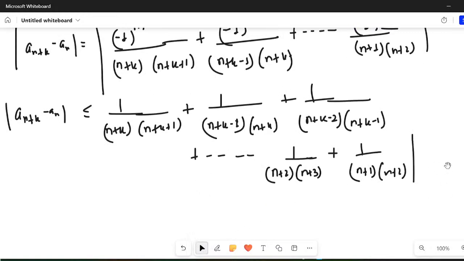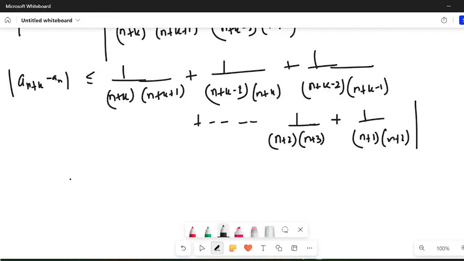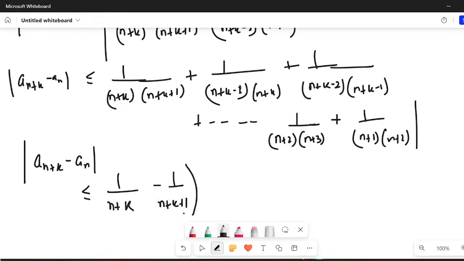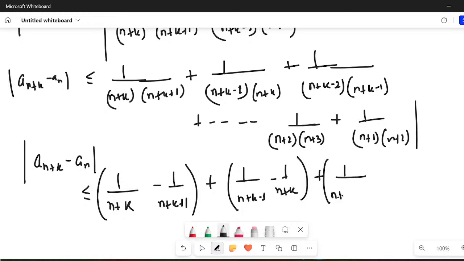Okay, now what you are going to get is simply modulus of a_{n+k} minus a_n less than or equal to, what I can write as 1 upon n plus k minus 1 upon n plus k plus 1. Then you have this plus 1 upon n plus k minus 1 minus 1 upon n plus k, then plus 1 upon n plus k minus 2 minus 1 upon n plus k minus 1.